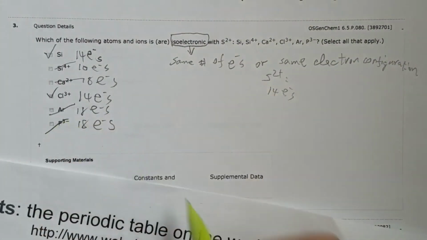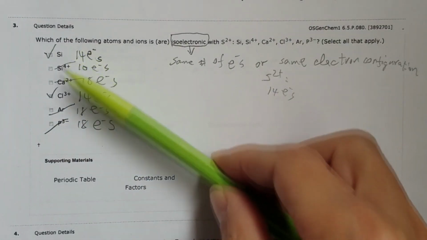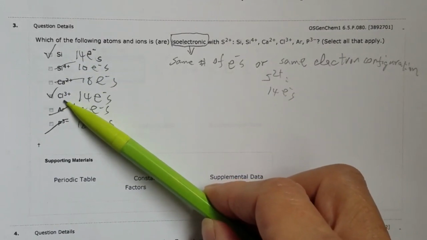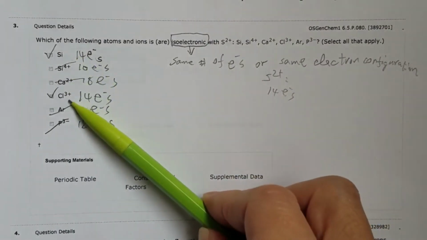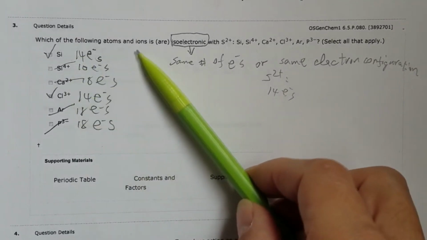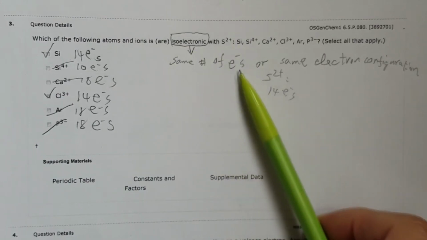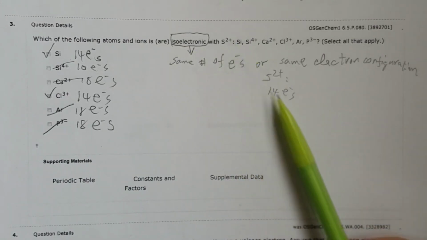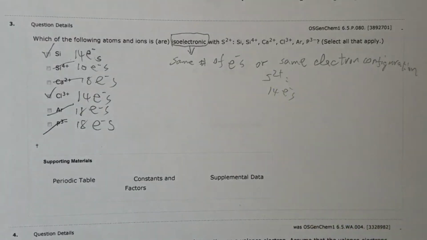So we should just have silicon and Cl3+. Those two, one is an atom, another one is an ion, are isoelectronic with S2+, because S2+ also has 14 electrons.